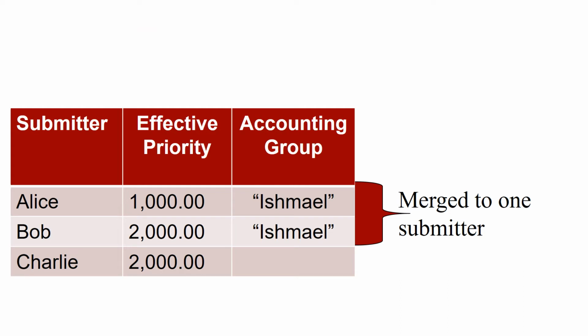In addition to creating jobs for different submitters, we can also go the other way as well. For example, if Alice and Bob are both logged into a submit machine as themselves, and they both set their accounting group user to Ishmael, HTCondor treats them as the same submitter with the same priority and same priority factor.